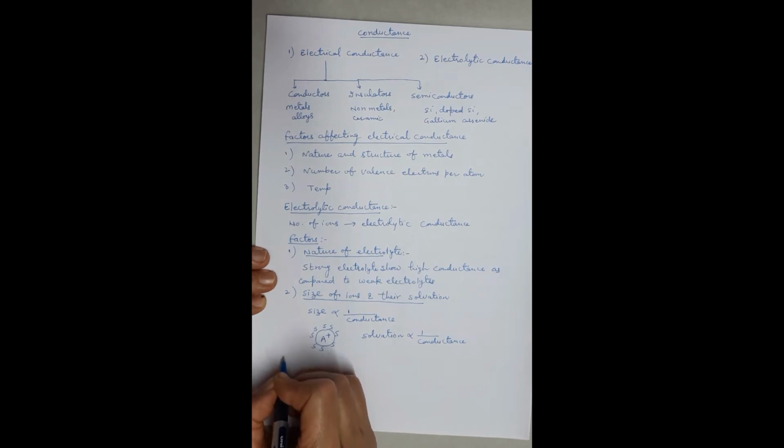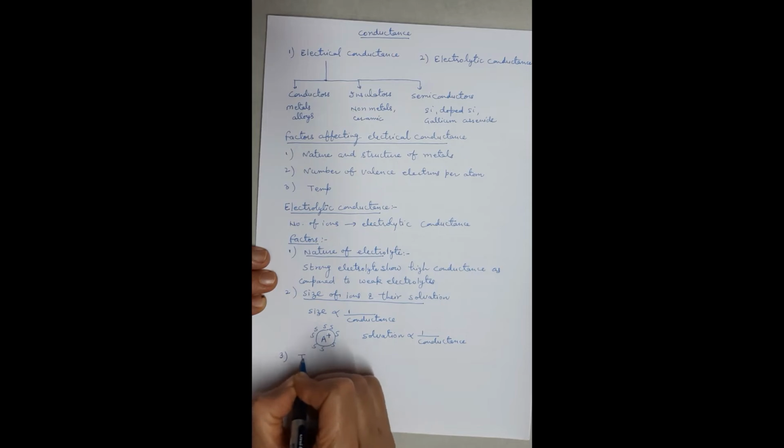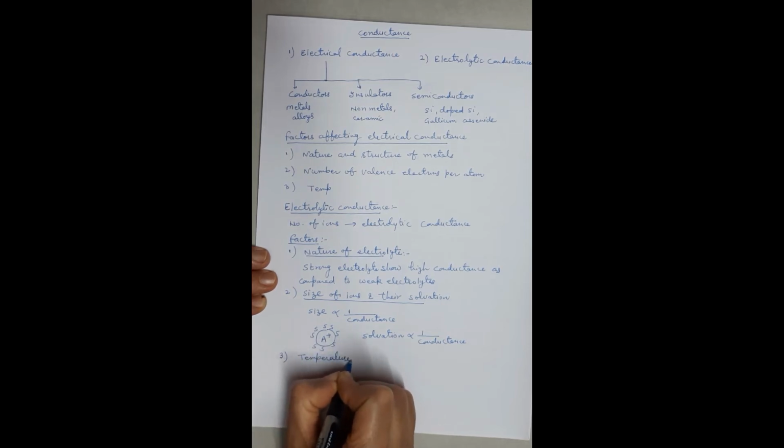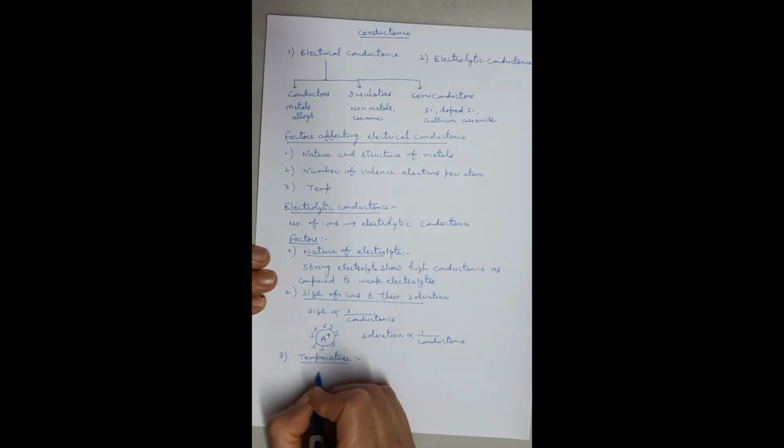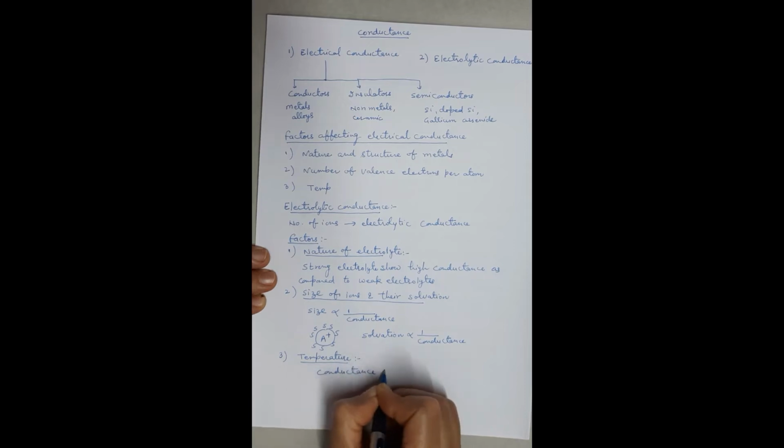One more factor is temperature. The more the temperature, the more is the degree of ionization, more ions will be provided, and their mobility will be more, and conductance will be high. So shall I say conductance is directly proportional to temperature.